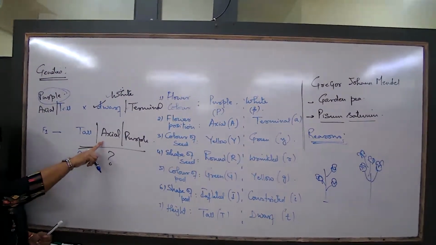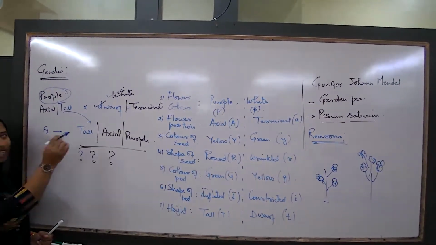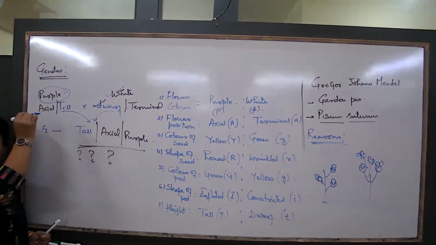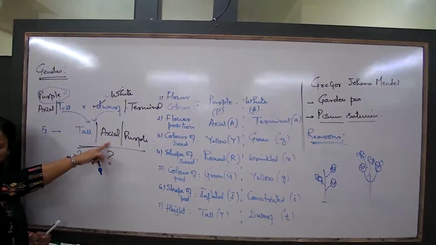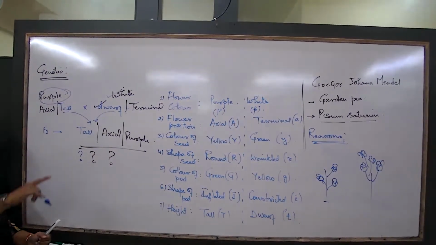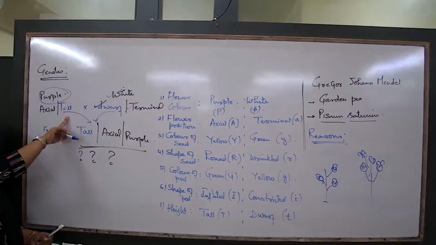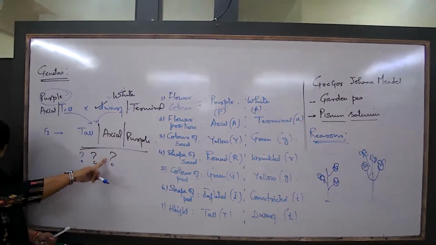Because this first generation plants would have chromosomes from here also, chromosomes from here also. तो white क्यों नहीं है? Why always purple? So that was a question mark for him. Then again when he observed tall अगर है and dwarf अगर है, कभी ना कभी तो कोई plant dwarf होगा.